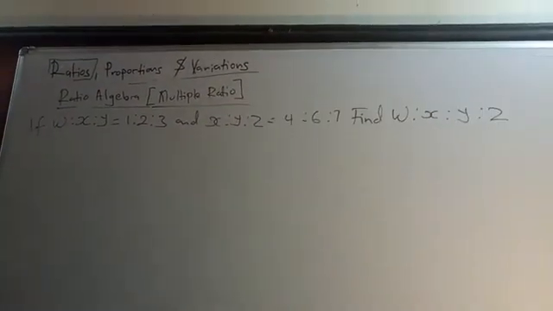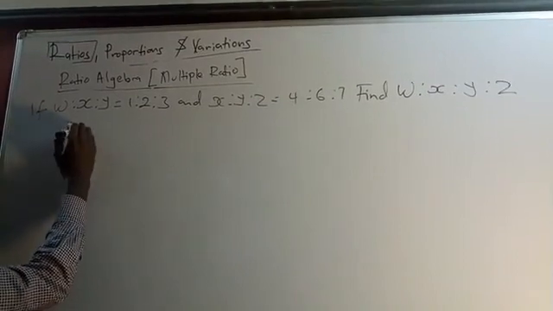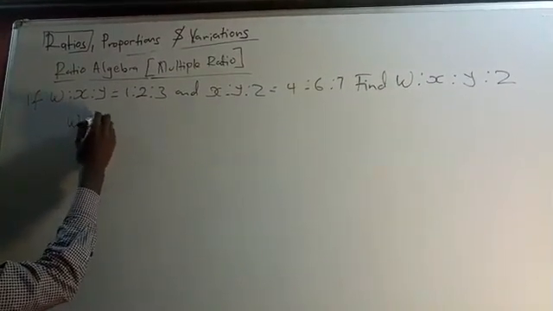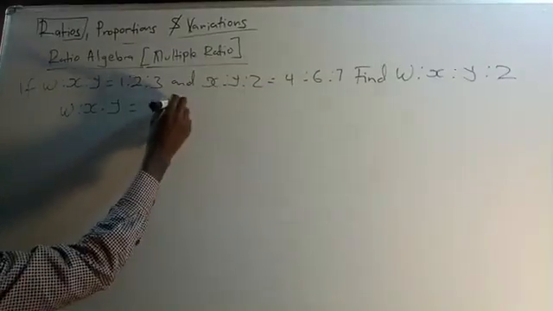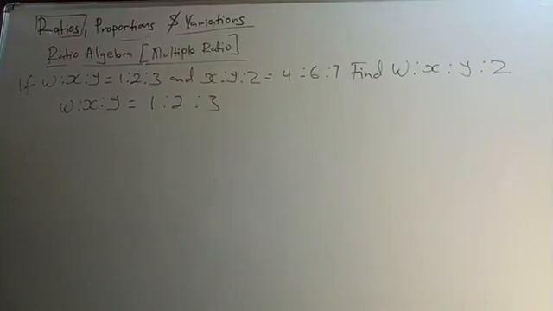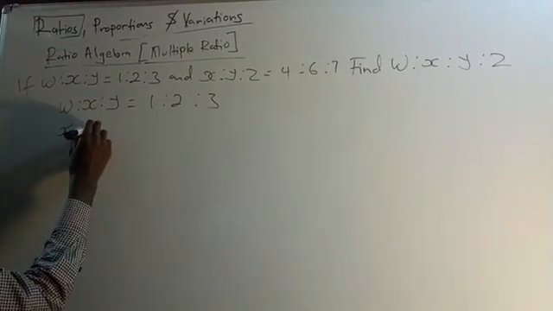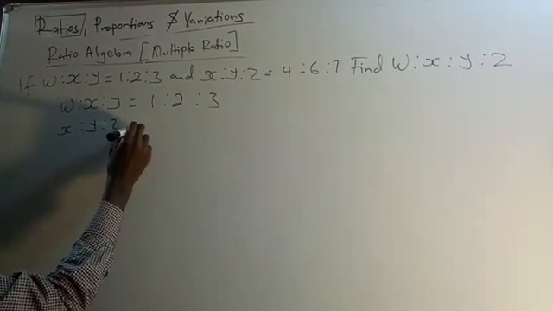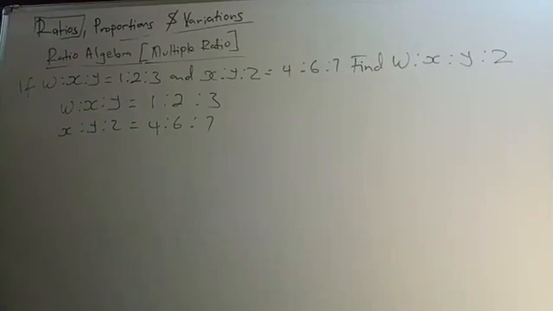So by doing the same procedure, we have W to X to Y equal to 1 to 2 to 3, and X to Y to Z is equal to 4 to 6 to 7.